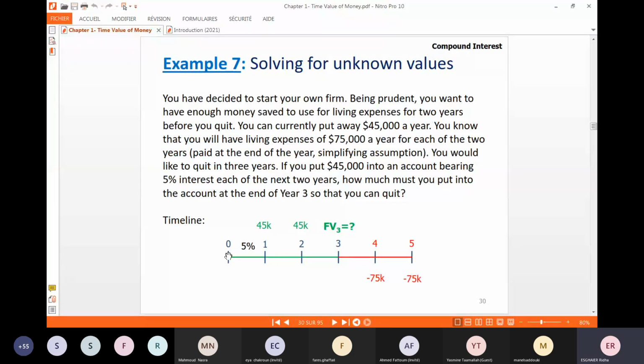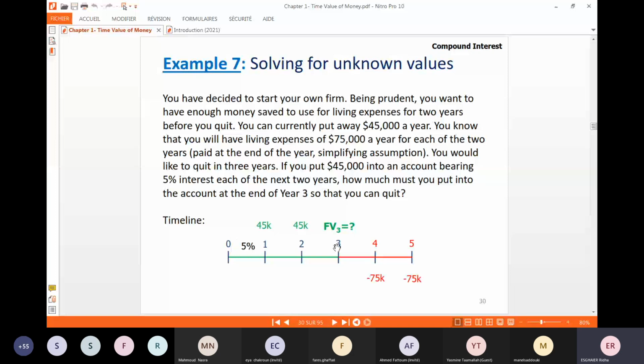So simply, instead of computing the present value of all these positive and negative amounts at the date 0, we will compute their value at the date of the amount that we need to determine.